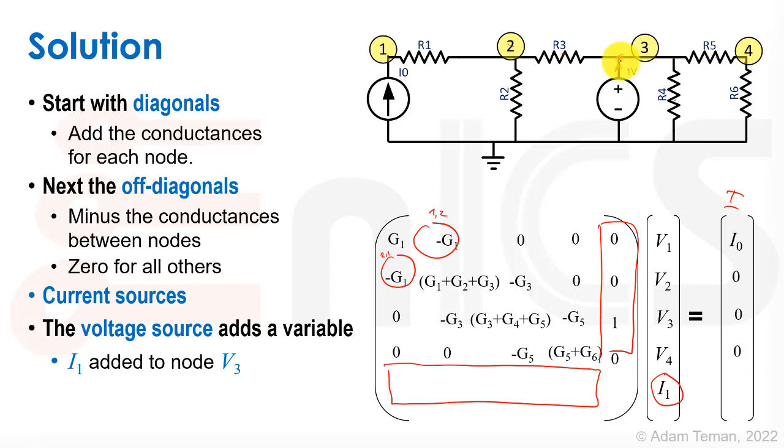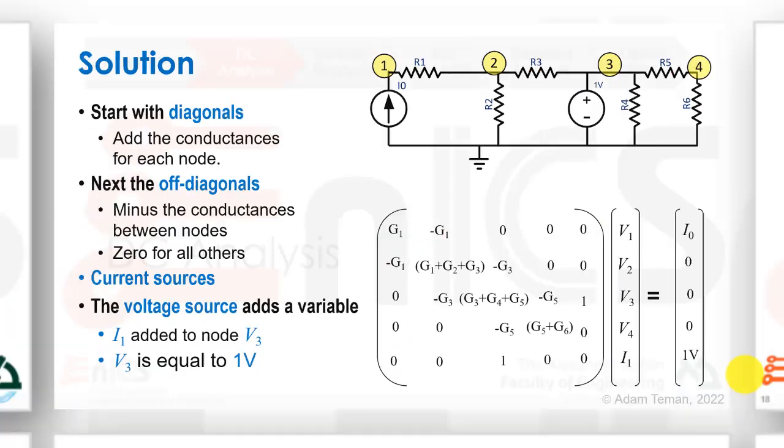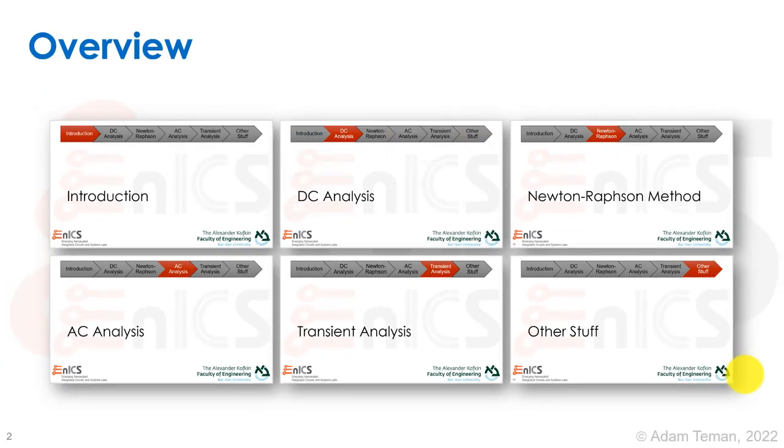And the other thing is that we know that the voltage on node number 3 is going to be 1 volt. So we get 1 times V3 is going to be equal to 1 volt. And that's how we defined our modified nodal analysis. So with that, we can go over and now see how we use the Newton-Raphson method to solve this type of equation.